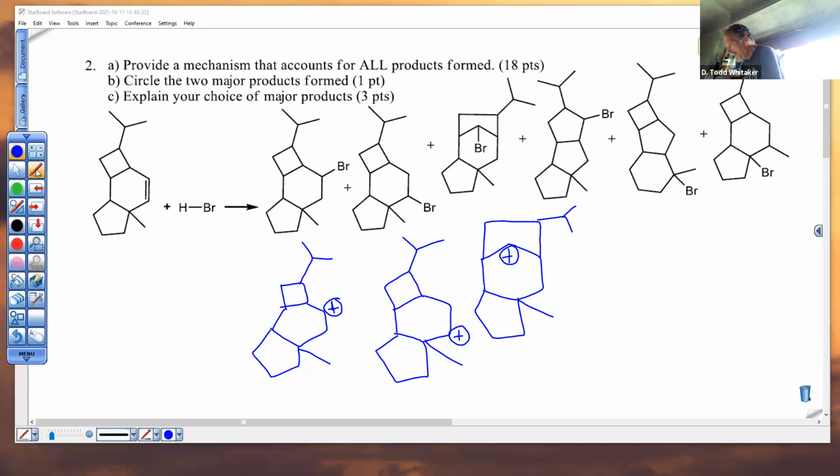And the fourth product, I can't draw a 6 to start with. Oh, well, there's no 6 left. 5 in the middle, 5 on the top. Cation there, because that's where the Br goes. And another 5 down here, but things are a little tight. Doesn't look great, but it's got the ring size.